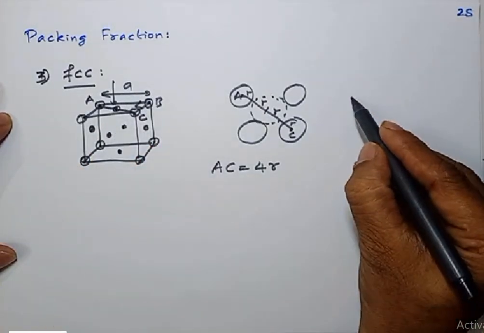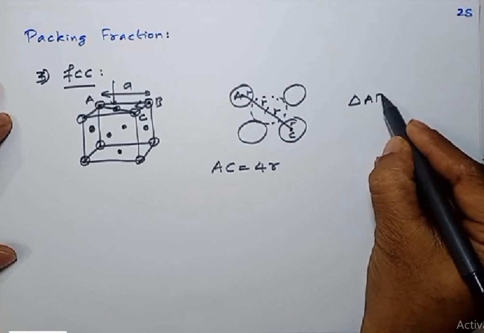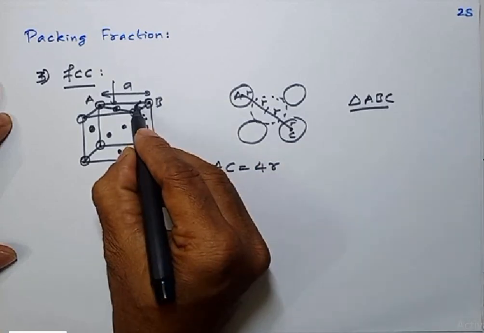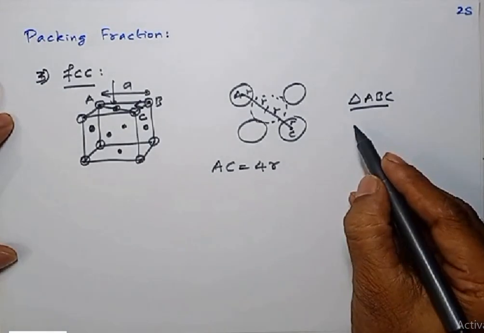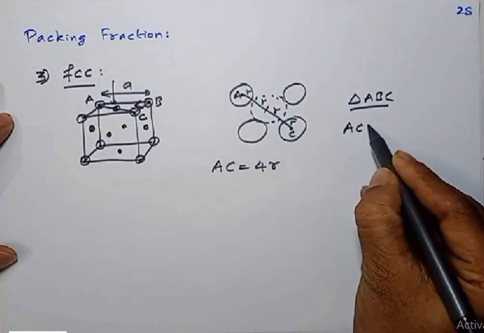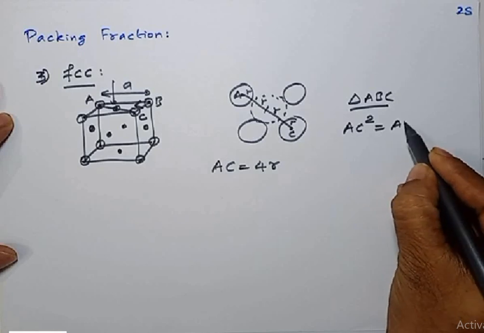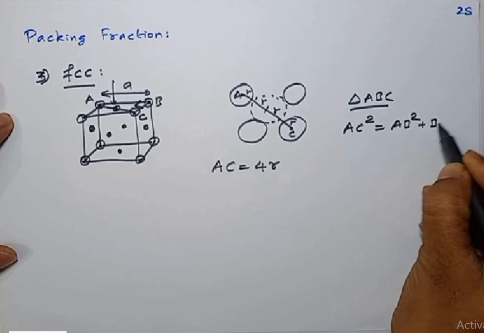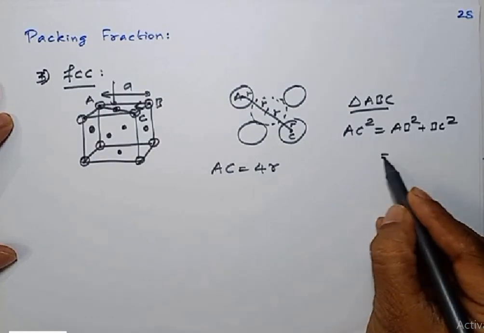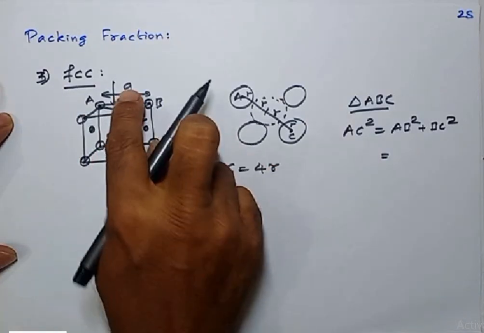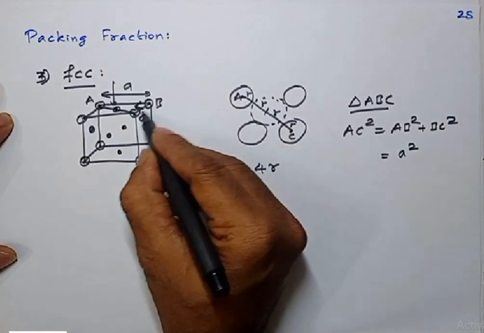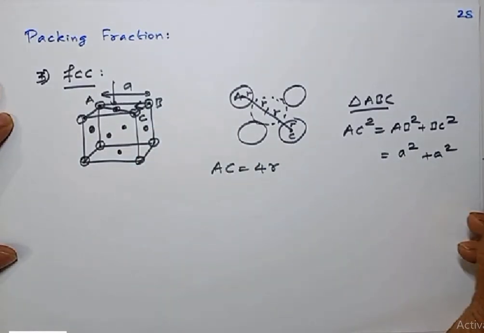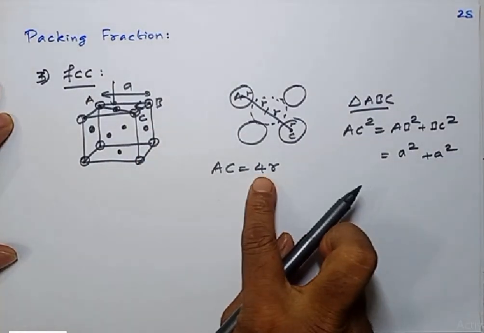Now, I will take this triangle ABC. In triangle ABC, the angle at B is 90 degrees, so it is a right angle triangle. We can use the Pythagoras theorem, according to which AC square equals AB square plus BC square. AB is small a, the edge length. BC is also the edge length. And AC is equal to 4R.